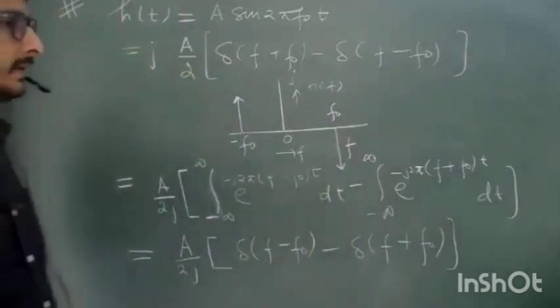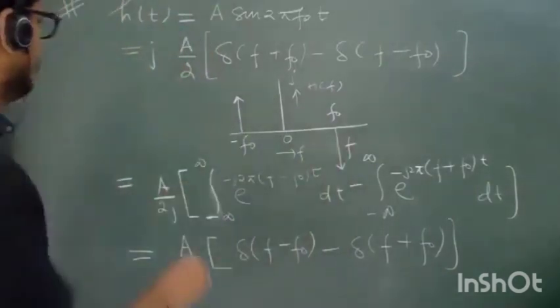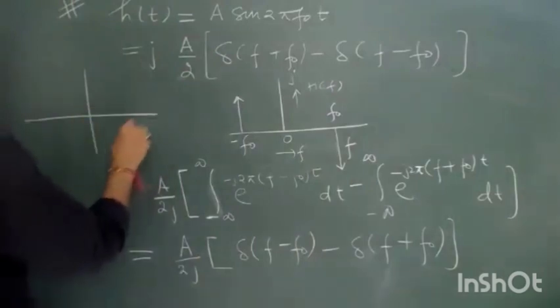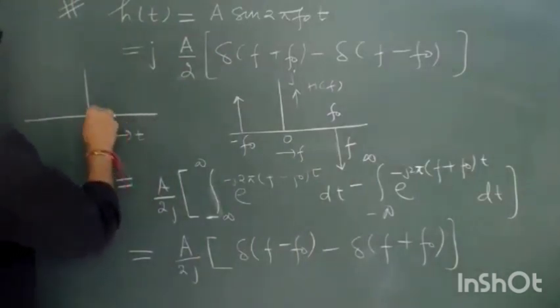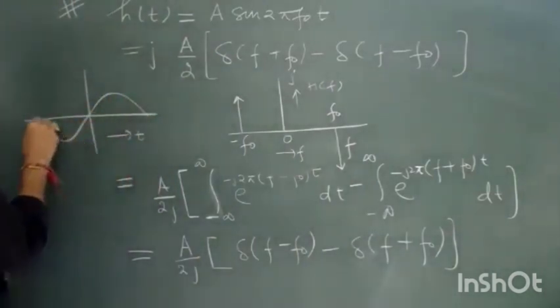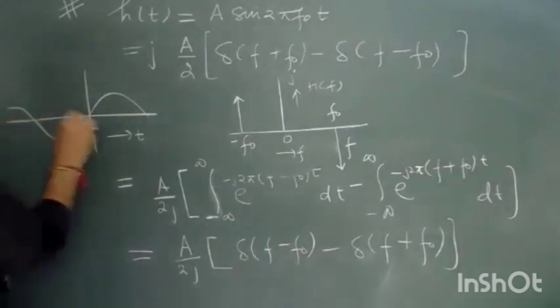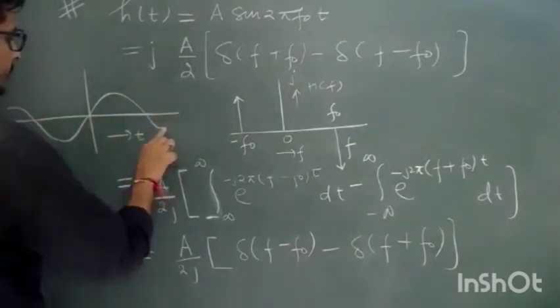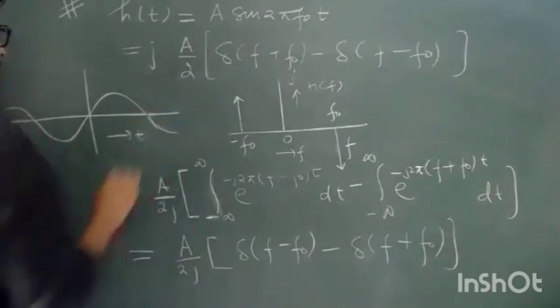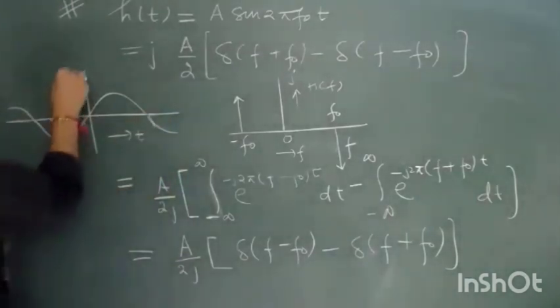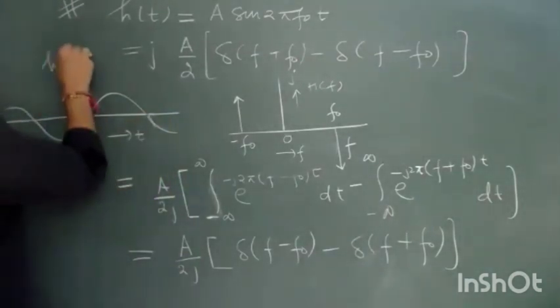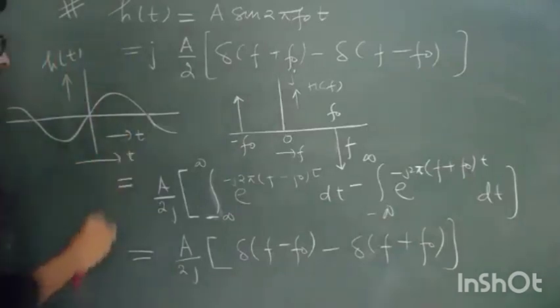Please see this. So देखो real space में the photo of sine was like this. Correct? This was the photo. This is h of t. This is t.